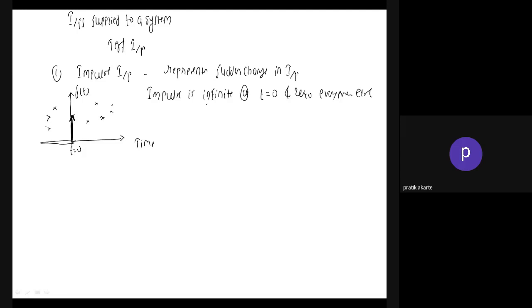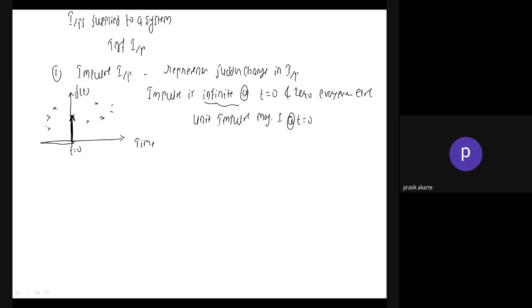Now, this infinite impulse is a little bit impractical, so for that we go for the unit impulse. What is a unit impulse? The unit impulse has a magnitude of 1 at t equal to 0.